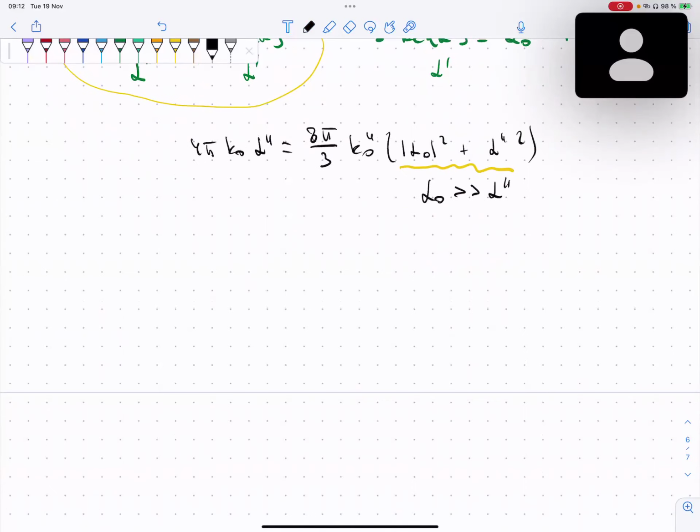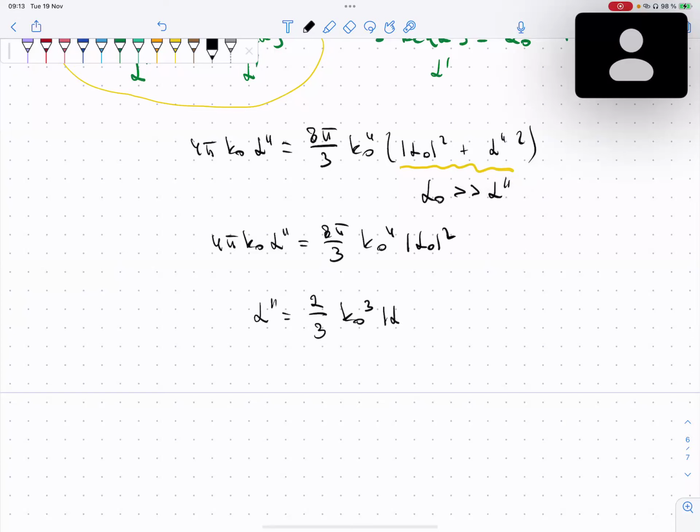We have the following expression: 4 pi k0 alpha 2 prime equals 8 pi divided by 3 k0 to the 4th power alpha 0 squared. So the imaginary part of polarizability equals 2 divided by 3 k0 to the 3rd power alpha 0 squared.